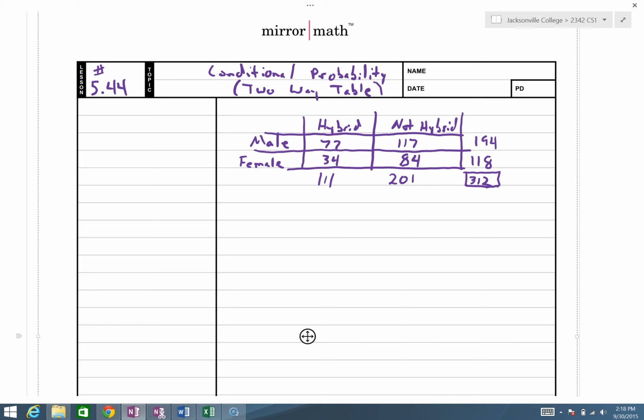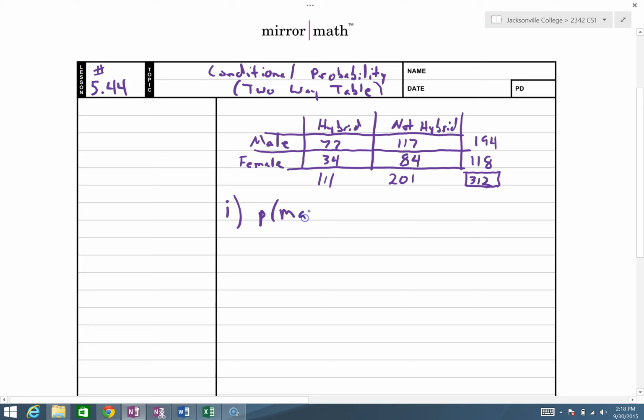Okay, so I'm going to look at a couple of these. Number one says, what is the probability of male? Well, the probability of male is simply the total number of males, which is 194, over the total in my table, 312.